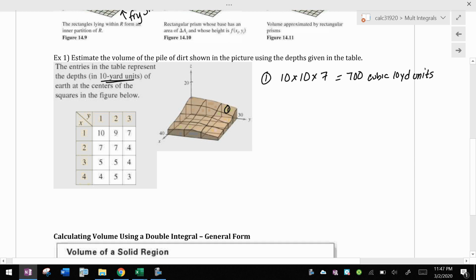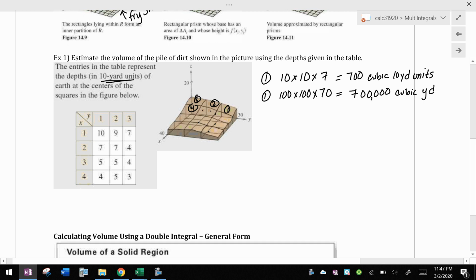I feel like the easier way to go is to say that number one, if that's a 10-yard unit, is 100 times 100 times 70, which makes it a 7 with 5 zeros. So it's 700,000 cubic yards. And then we'd find the volume of number 2 and number 3 and number 4 and so on.